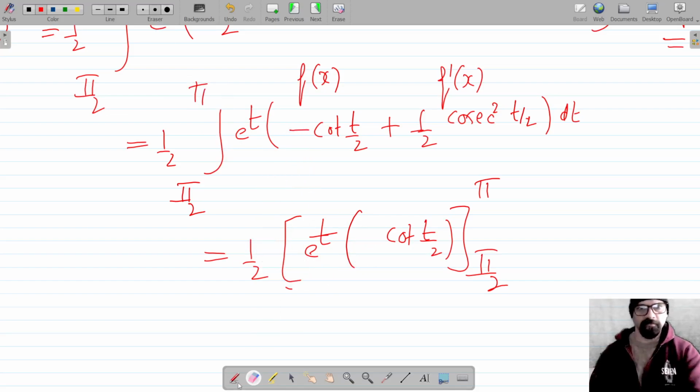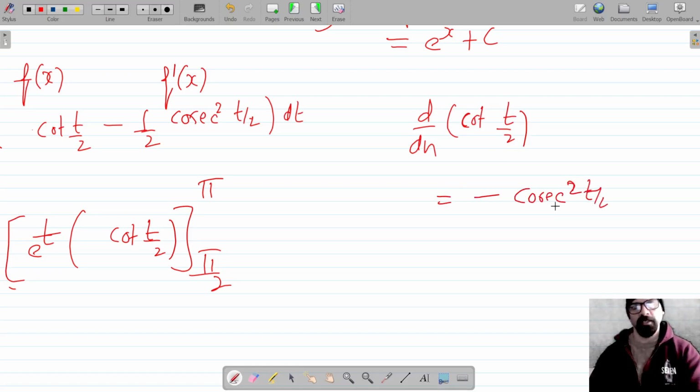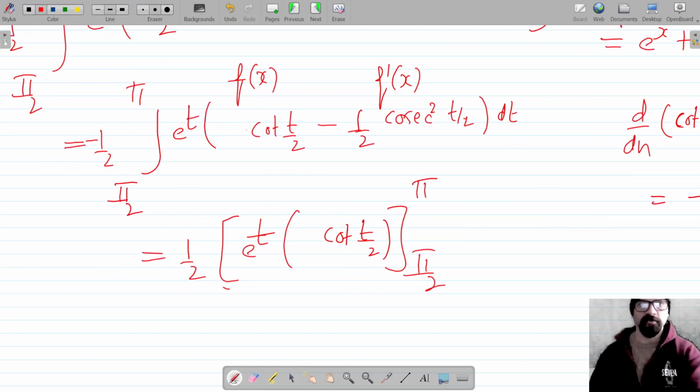So this is f of x, and this is its differentiation, because the differentiation of cot t by 2 is negative cosecant squared t by 2, divided by the differentiation of t by 2, which is half.